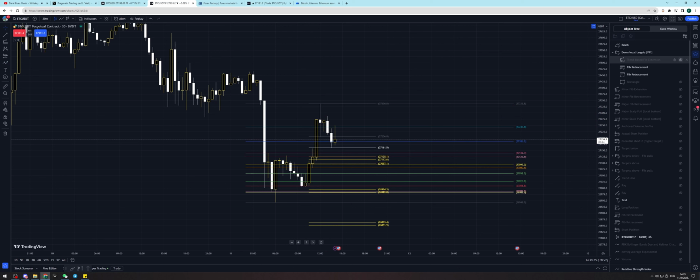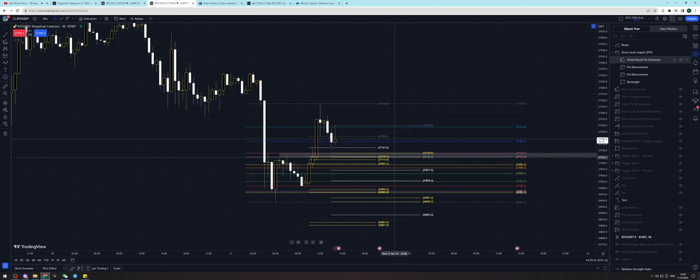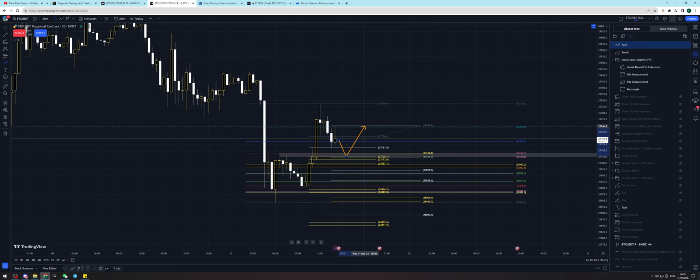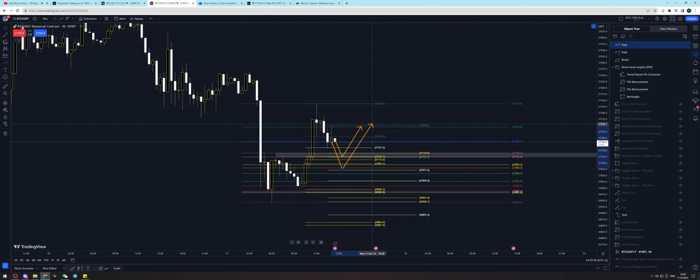Besides that, I have the trend-based fib extension, which lead me to the same place, and this is why I put this rectangle here, because I believe one of these two zones, this one here or this one here, could produce a bounce in case we have a downwards move during the PPI, right? We don't know what's gonna happen, of course, but it is what it is.